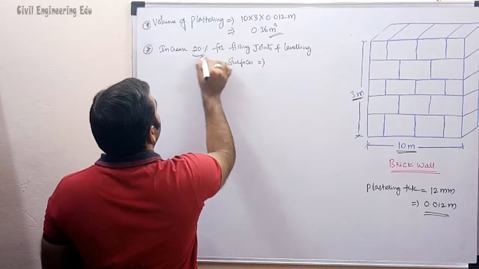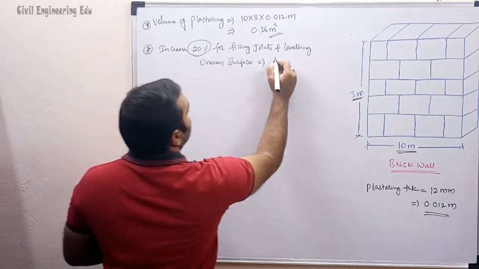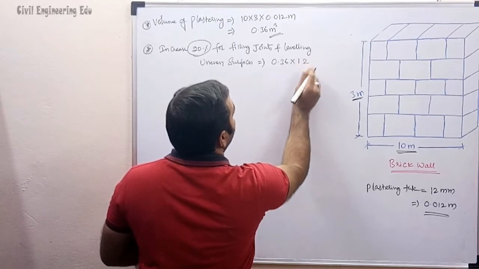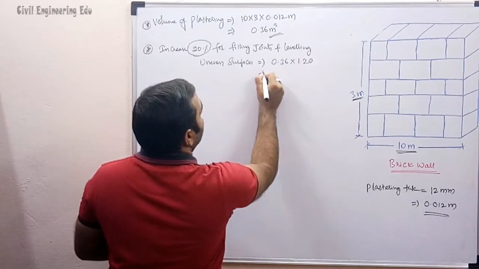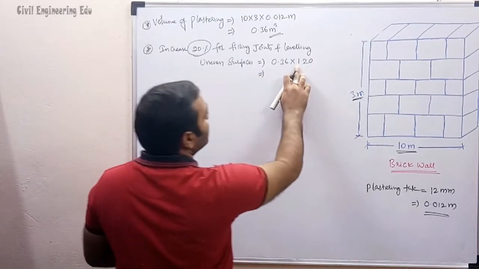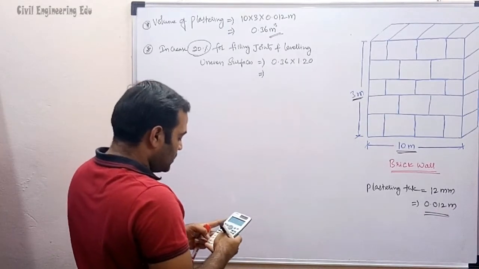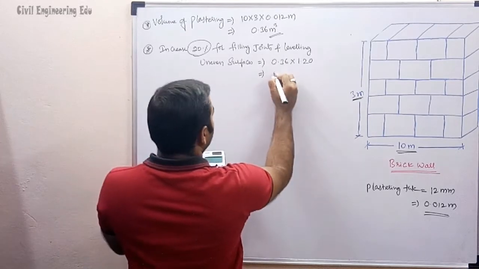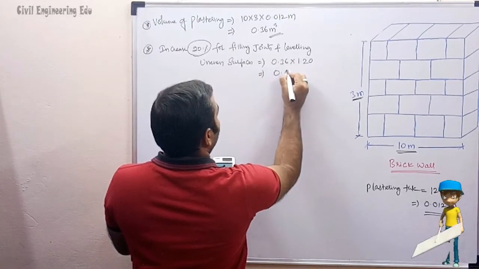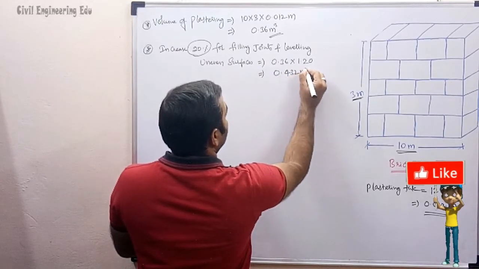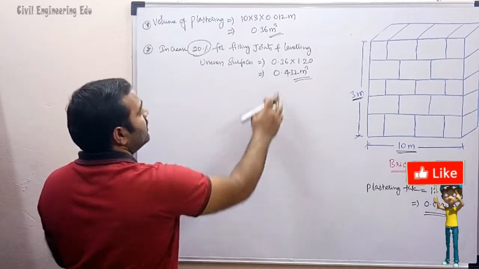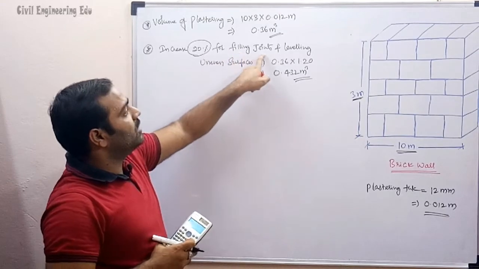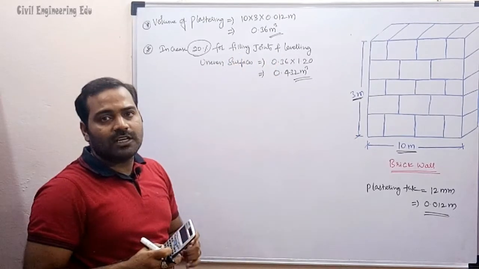So for this purpose we will increase 20%. So 0.36 into, directly I am doing 1.20, as I am increasing 20%. 0.36 into 1.2, how much will we get? 0.432 meter cube. This is the volume after increasing 20% for filling joints and leveling the uneven surfaces.